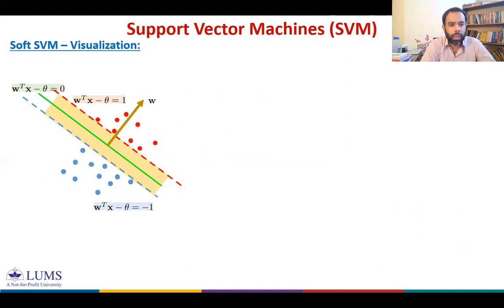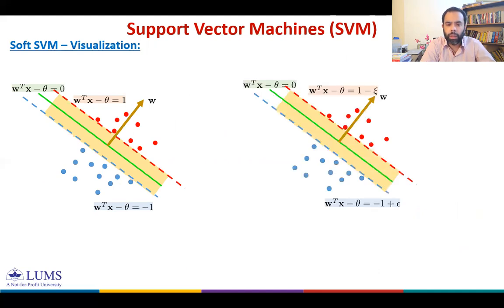So this is hard SVM. Let's visualize soft SVM. w transpose x minus theta is now -1 plus epsilon, and this is 1 minus epsilon. So I have added this psi i, so this should be psi i, right?